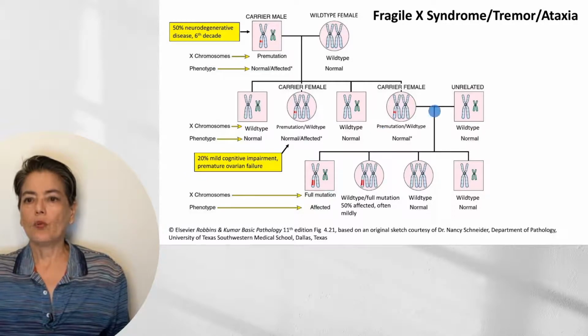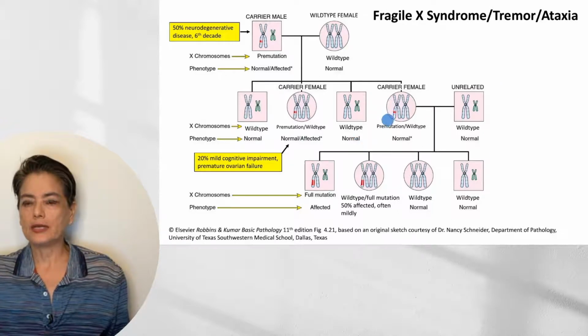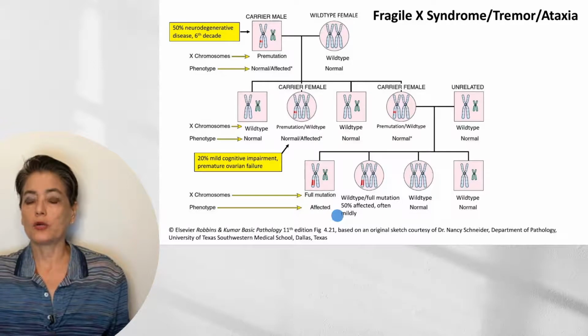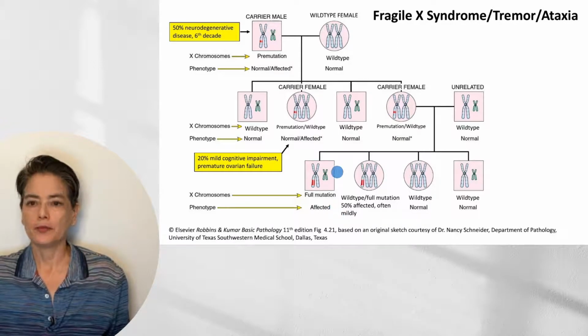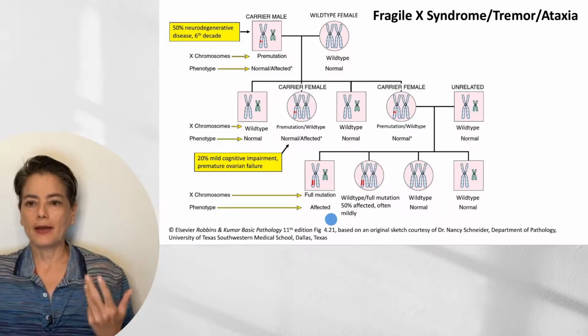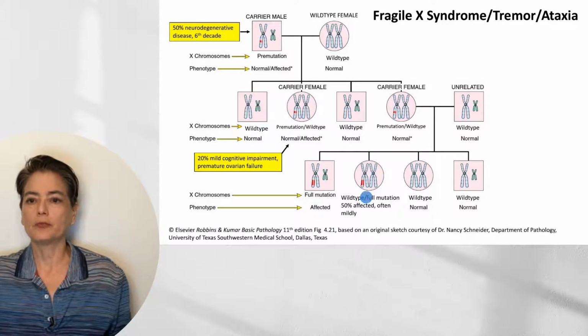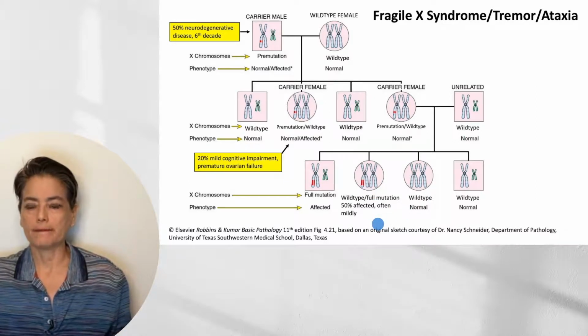Now, if we look at her sister who has offspring with a wild type male, you can see that this is going to expand during oogenesis, and so 2 of her offspring are going to receive the full mutation. Her son is going to be affected. He's going to show that intellectual disability, developmental delay, macroorchidism. And her daughter is going to have 1 wild type chromosome and one full mutation chromosome. And about half of these will be affected, often mildly.